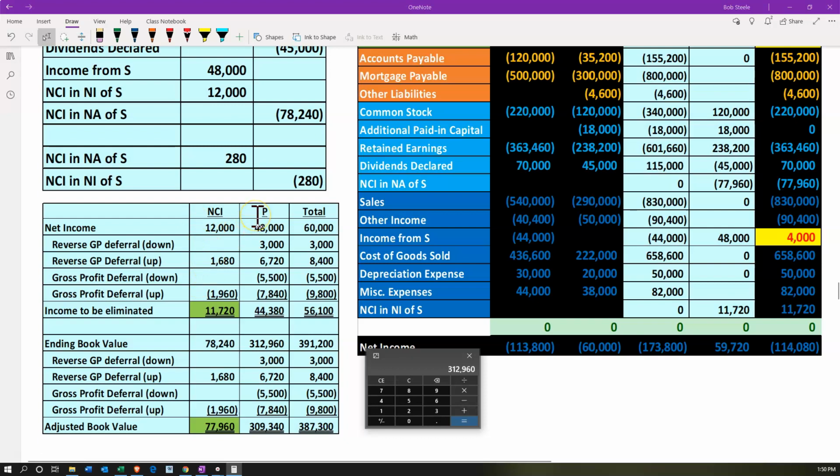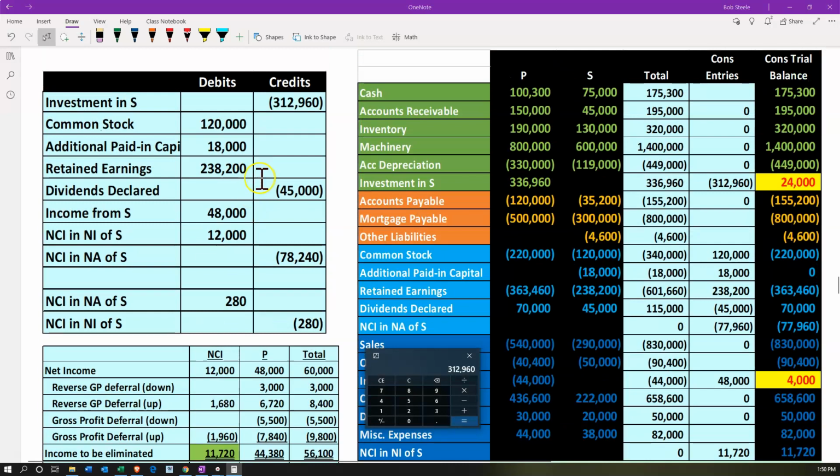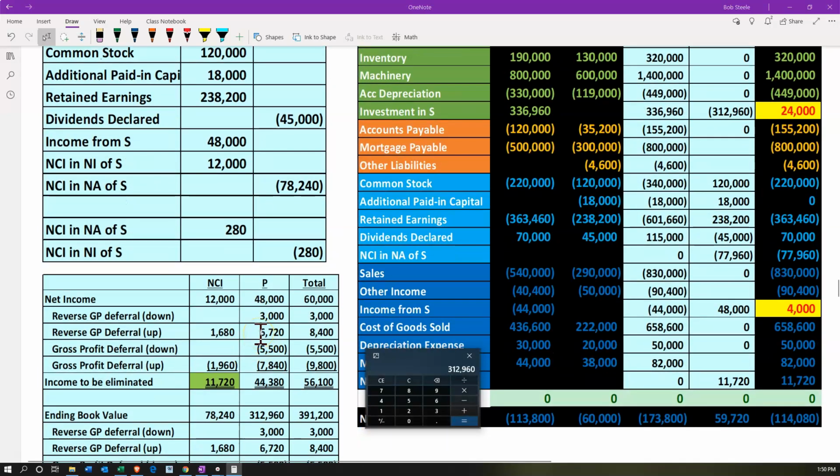We're not adjusting the P's column. Why? Because P didn't include these items, these intercompany transactions. So we're going to be adjusting it now for the non-controlling interest here on this side. So we're going to say, all right, this 12,000, we're going to adjust it.